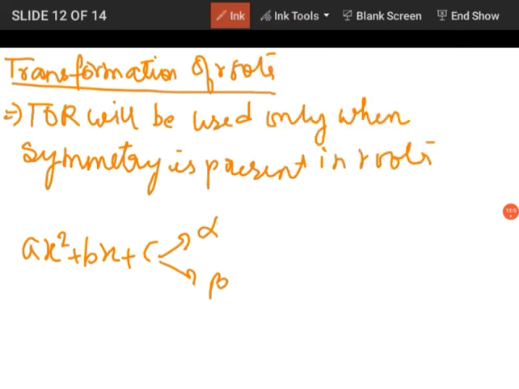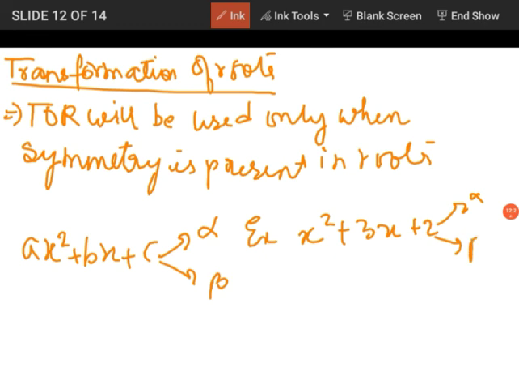Now, how to use transformation of roots? Let us understand this with an example. Say we have a question, very simple, very basic, extremely basic example I'm taking. x square plus 3x plus 2 has, say, alpha and beta.